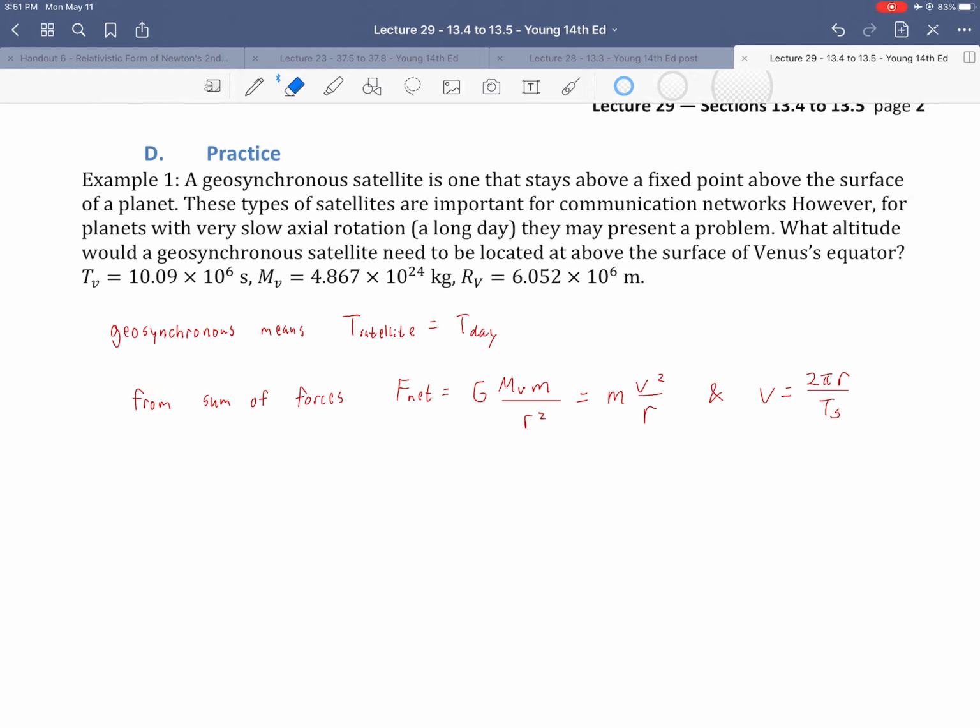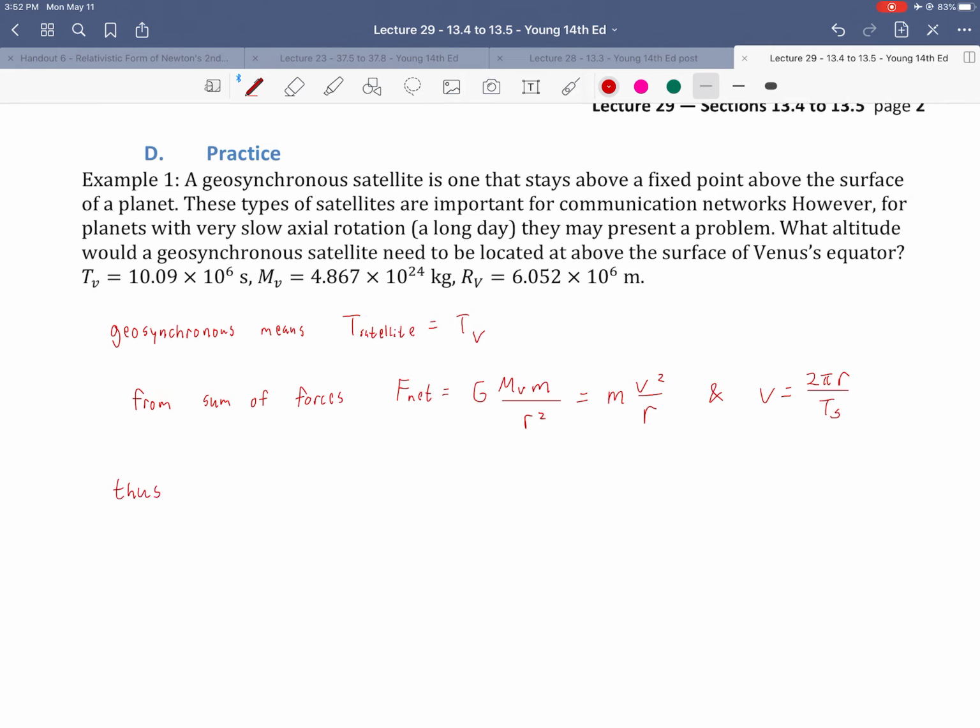And the period of the day, of course, I'm going to relabel that subscript, because it's the period of the day of Venus, T_V. So that's our T_S. And then we just want our T_S to be our T_V, and then we should be able to solve for the velocity.